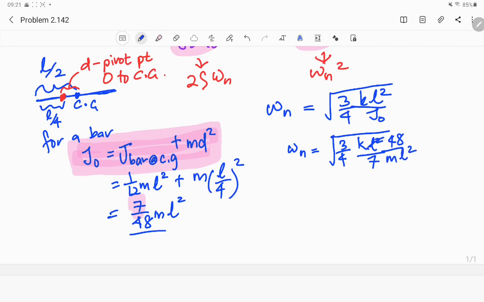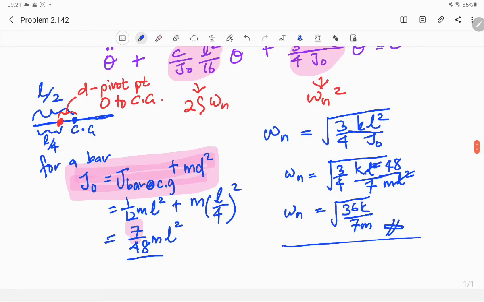You can cancel that out, and finally this is your final answer. You may want to simplify. If you have this kind of problem, you need to simplify in terms of omega n, in terms of your calculated J naught. Okay, that's all. Thank you.